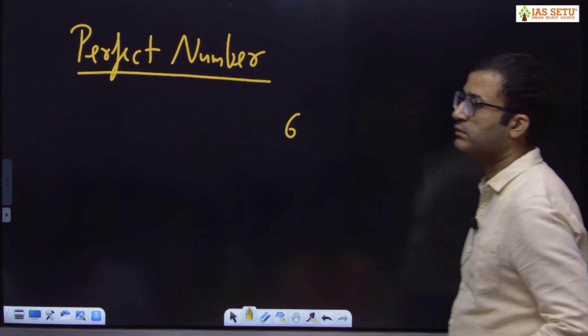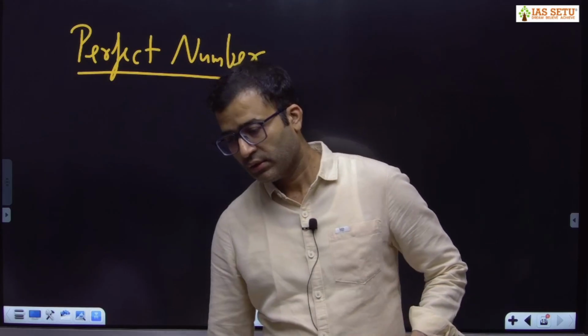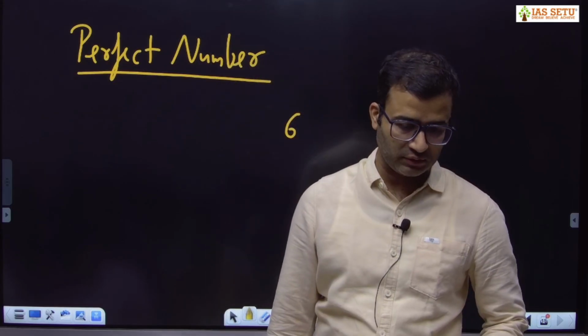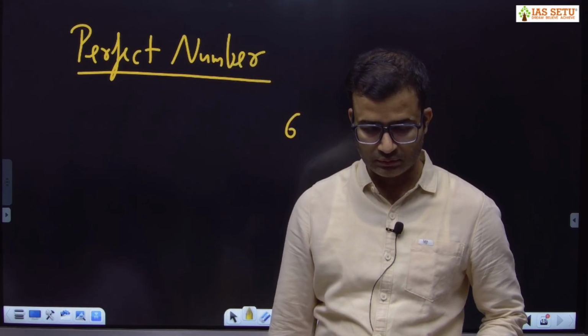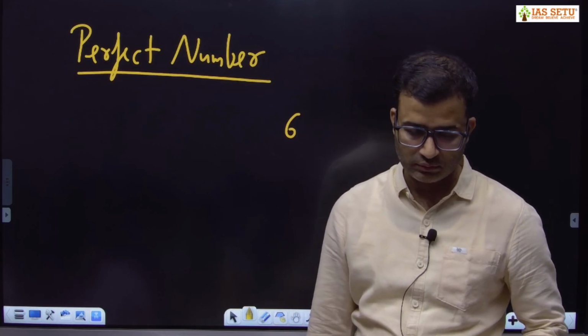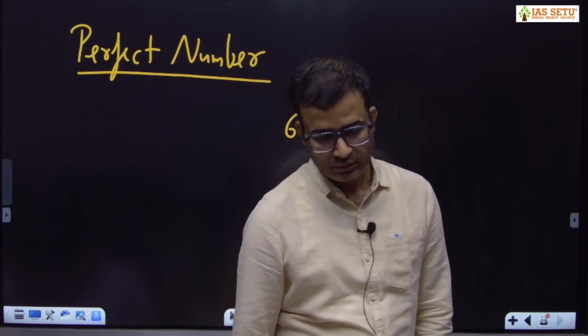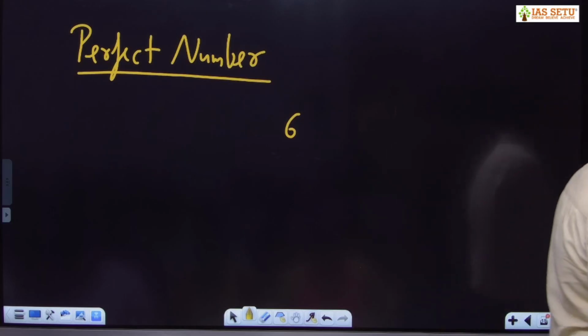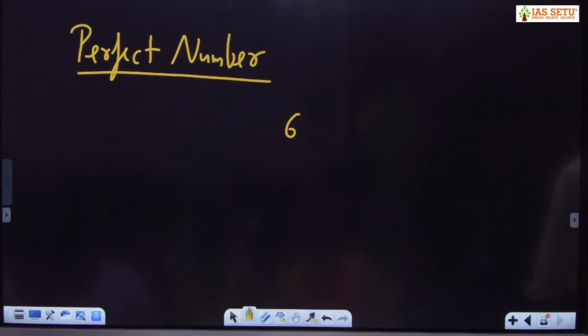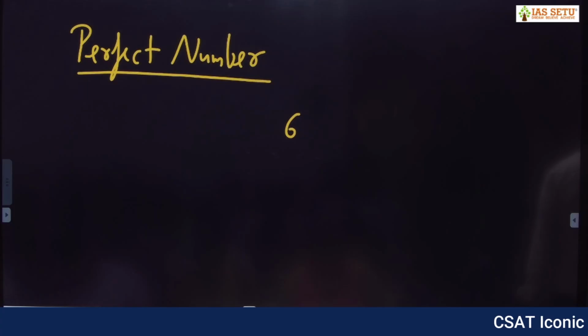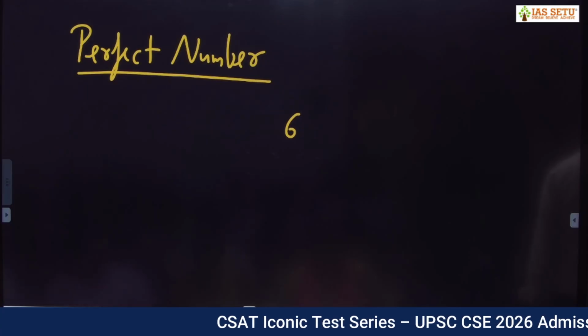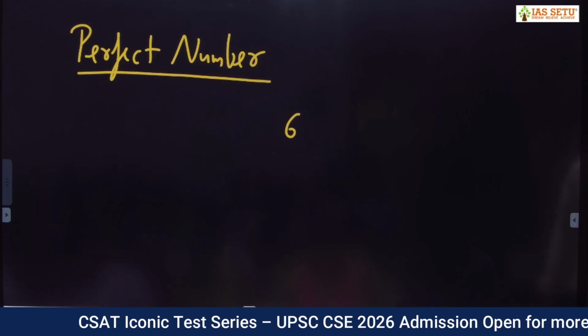If the sum of the factors of any number is double the number, then that given number is a perfect number.